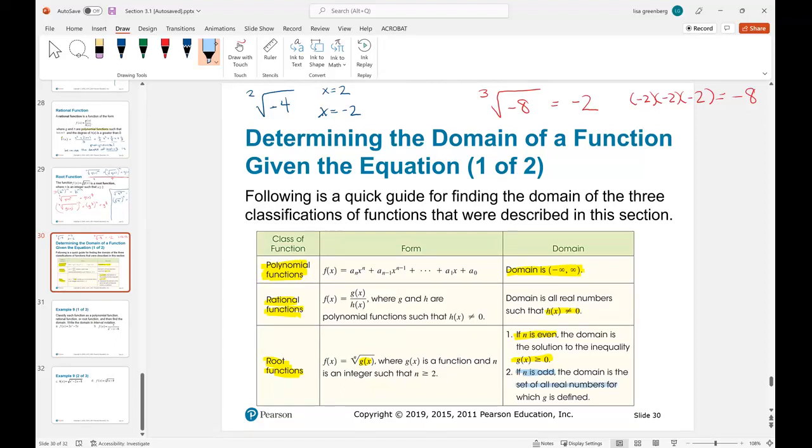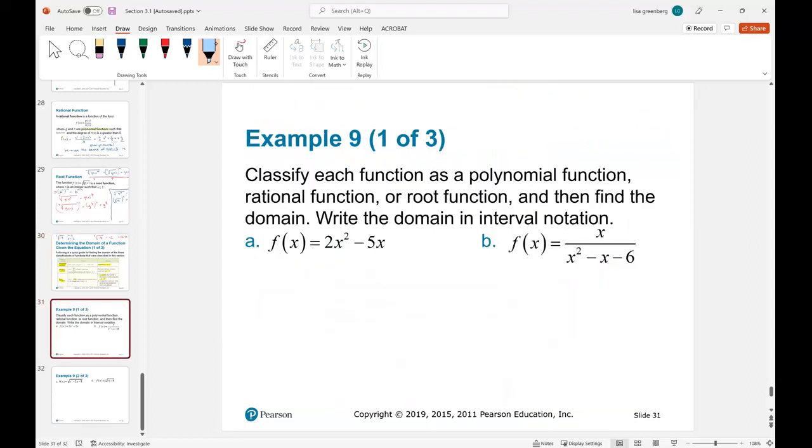Okay, so let's see how that works in our examples. So first thing, we want to classify these. Is the first one a polynomial, a rational function, or a root function? Well, it's a polynomial. First of all, it has no denominator, and so it can't be a rational function.